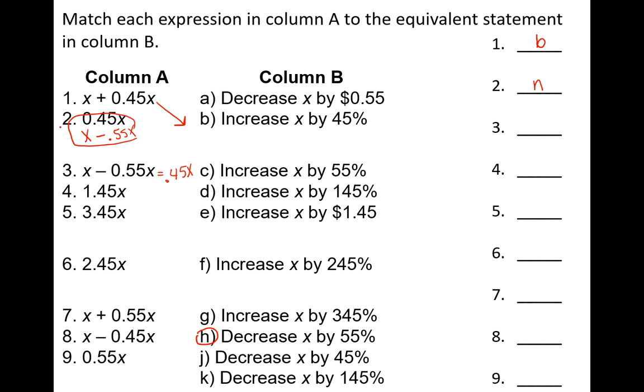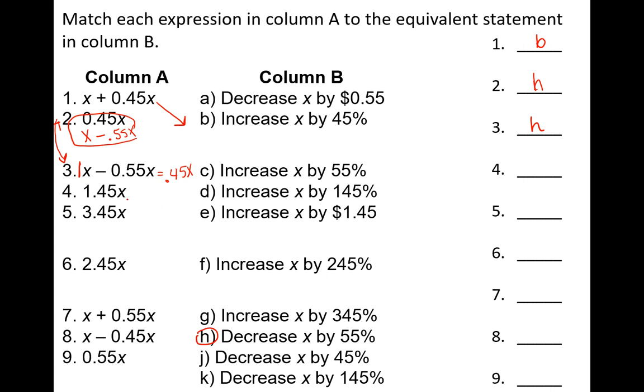Notice these two are equal. X minus 0.55x is the same as 0.45x. 2 and 3 are both H. That's interesting, isn't it?